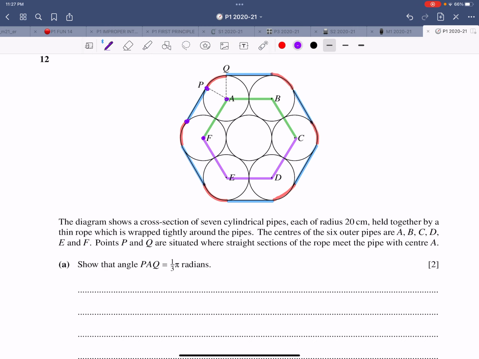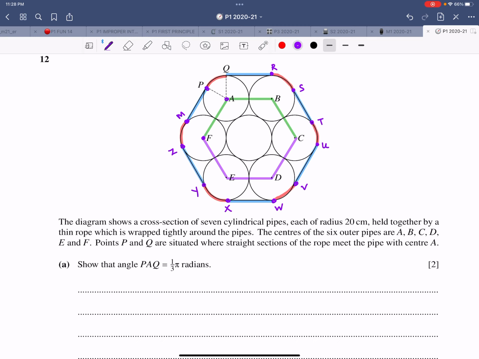So this is PQ, and let me label this as R, and this is S, and this is T, and this is U, and this is V, and this is W, and this is X, and this is Y, and this is Z, and let me choose one other letter, that is M. No, there is no M, so I can choose that. A, B, C, D, E, F, and let me call this thing M. So you have all these labelings over here.